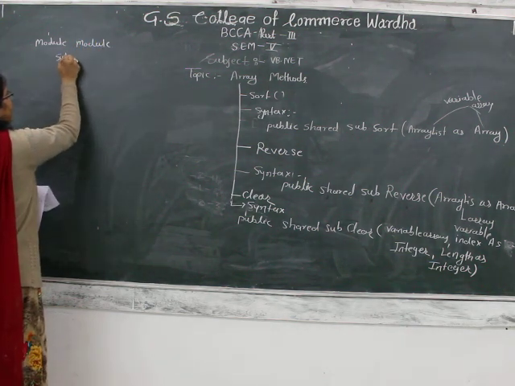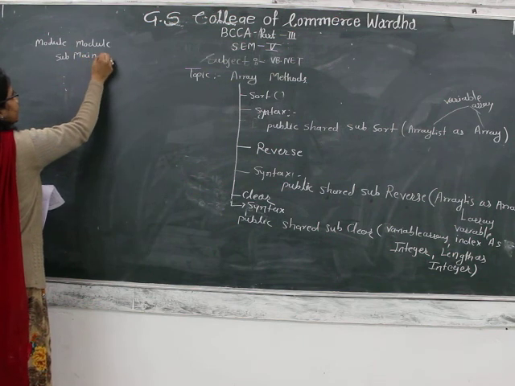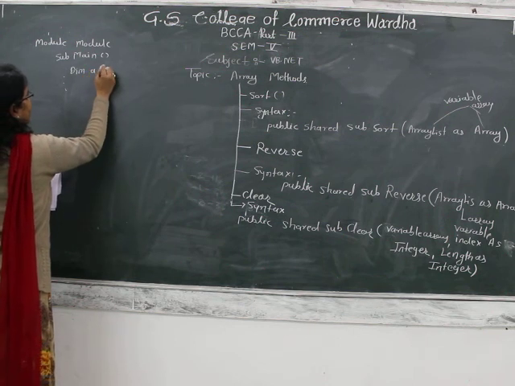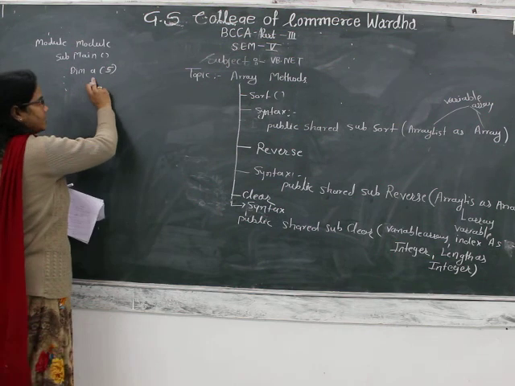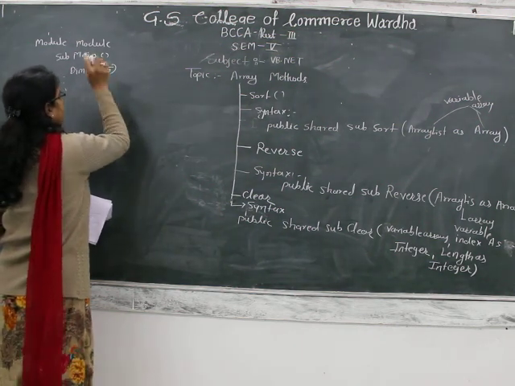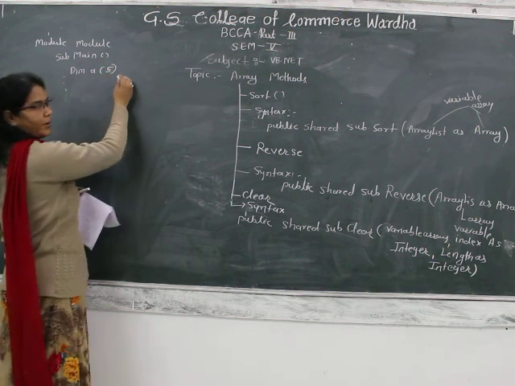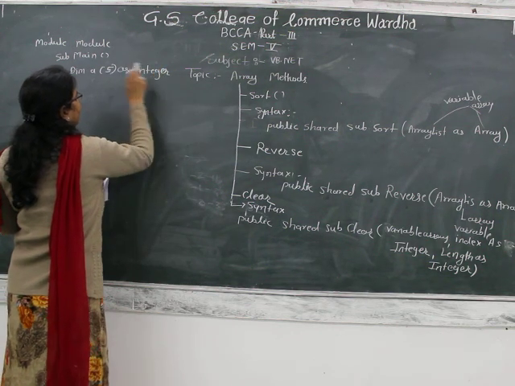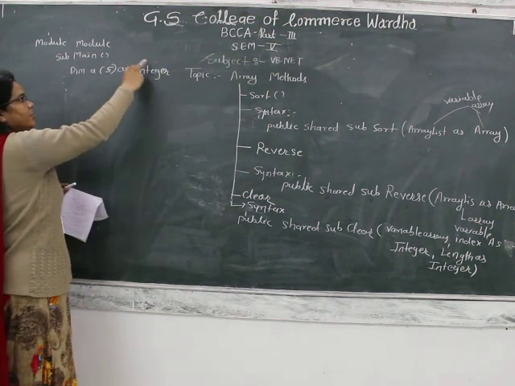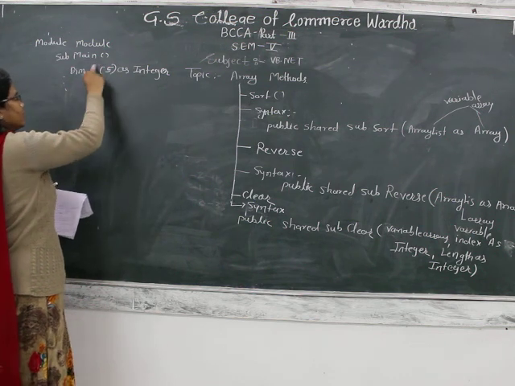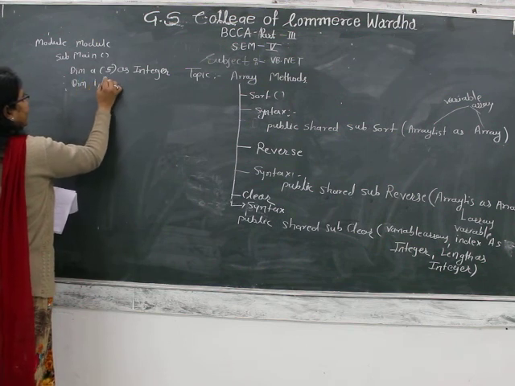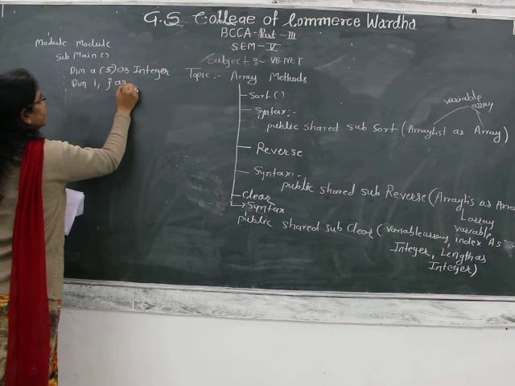then Sub Main, then Dim A(5) as Integer. I am declaring here A as an array name with size 5, defining the type of integer we are storing in A. Then Dim i, j as Integer.